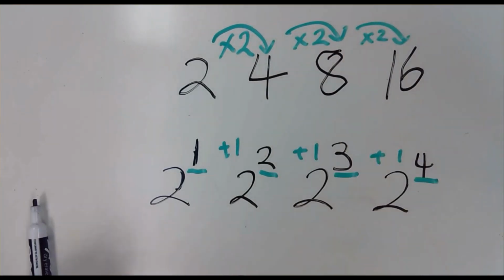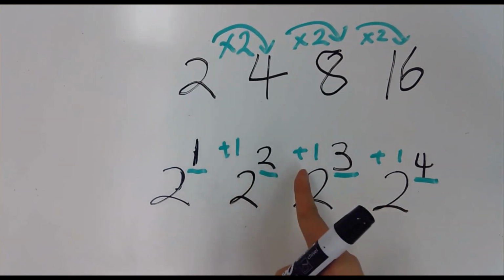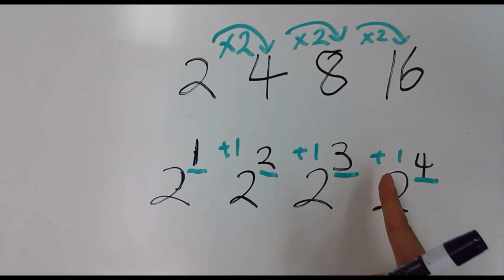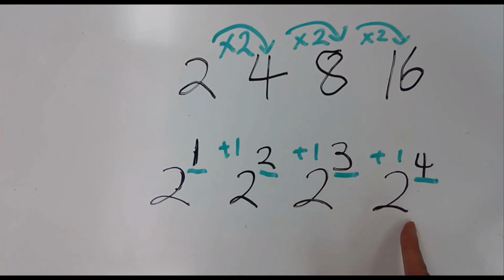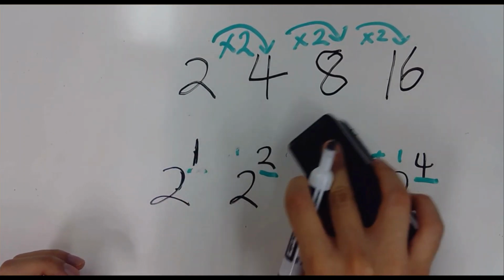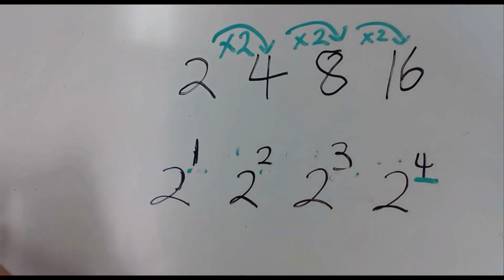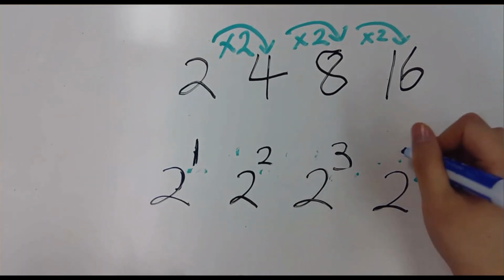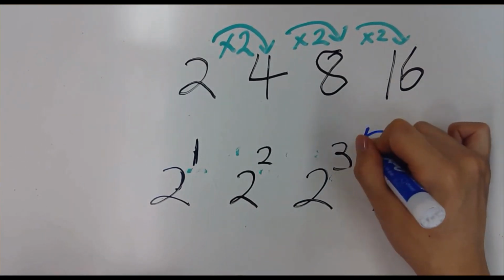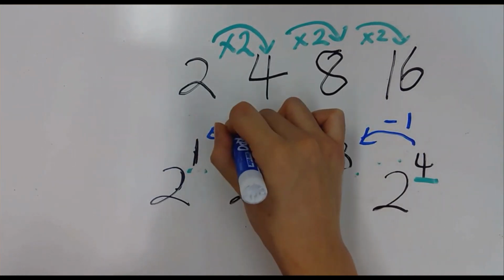So what if we went the other way around? So instead of doing plus 1, plus 1, plus 1, what if we started at 2 to the power of 4 and went down to 2 to the power of 1? So that would mean instead of plus 1, now we are going to be doing minus 1, minus 1, minus 1.